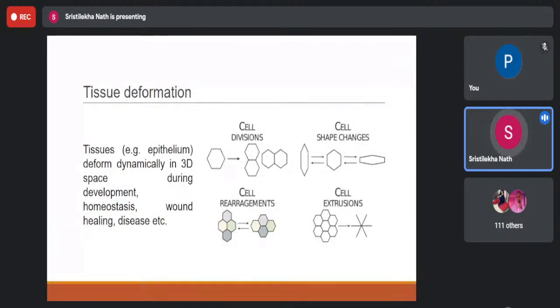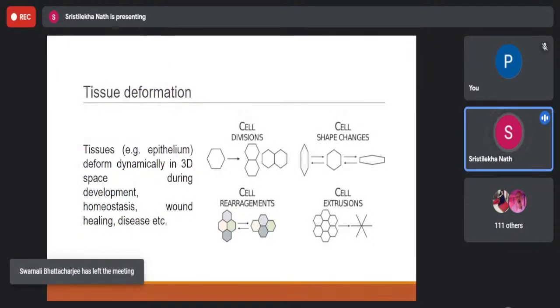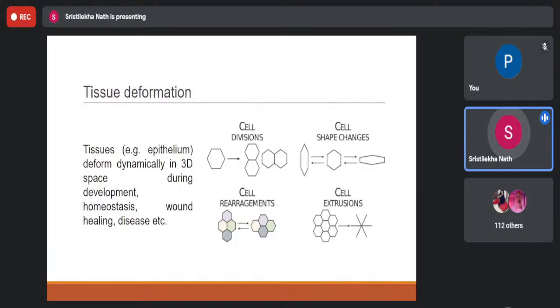From the picture on the right-hand side, we can see how the elongated structure got flattened, and this process we can also include under tissue deformation. Likewise, cell rearrangement and cell extrusion all lead to tissue deformation.